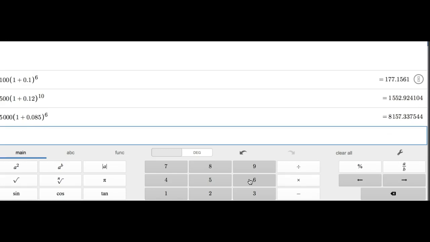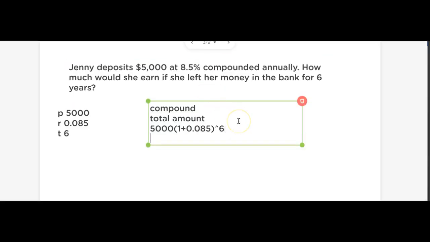So that's $8,157.34. Back to Class Kick, so our answer is 8157. And I really don't remember the cents. I'm going to bypass that because I'm trying to save on time. But I do want you guys to put the cents on there. I'm just really trying to save on time and get to where I need to move on.